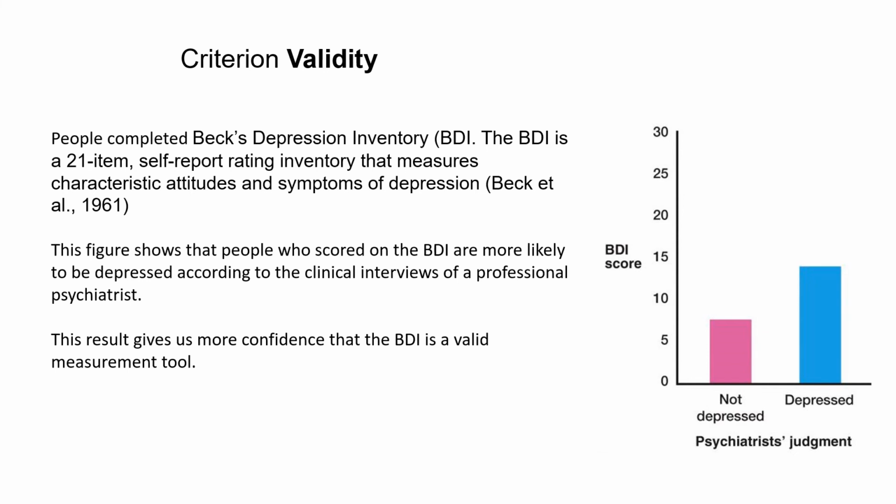When you look over here, you can see that the figure shows that people who scored higher on the BDI are more likely to be depressed according to clinical interviews of a professional psychiatrist. This gives us more confidence that the BDI is a valid measurement tool, meaning it has high criterion validity, because the higher someone scored on the BDI, the more likely they were to be depressed. So that's got high criterion validity.